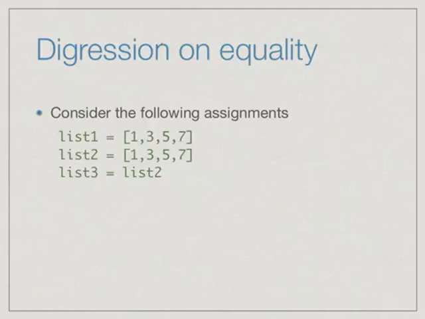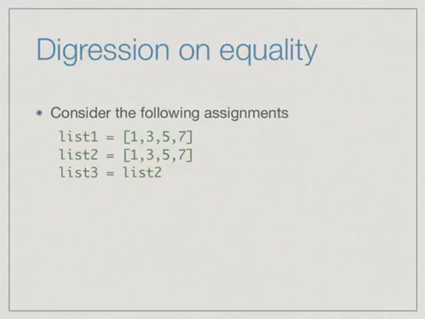So this leads us to a digression on equality. So let us look now at this set of Python statements. We create a list [1, 3, 5, 7] and give it the name list1. And we create another list [1, 3, 5, 7] and give it the name list2. And finally, we assign list3 to be the same value as list2.